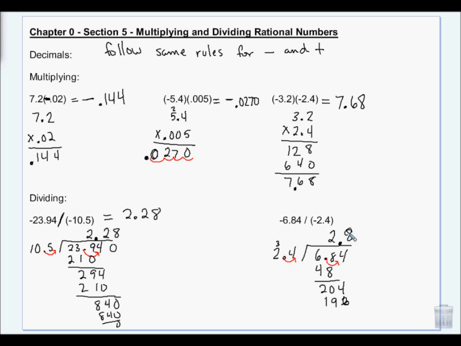Yeah, 9 times. So that's 196. My 0. And it will go into 83 times. And I'm just going to go ahead and stop there and say that it's 2.9. And it's a negative divided by negative, so it's positive.